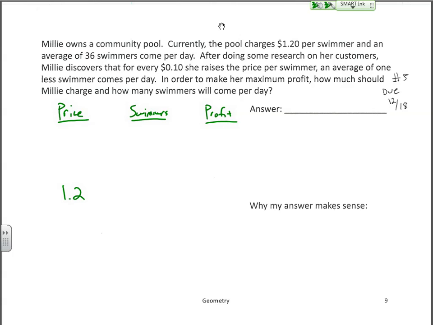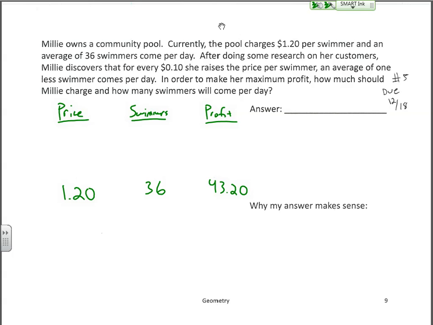If Millie charges $1.20 per swimmer, and 36 swimmers come per day, well, $1.20 times 36, she makes a profit of $43.20.